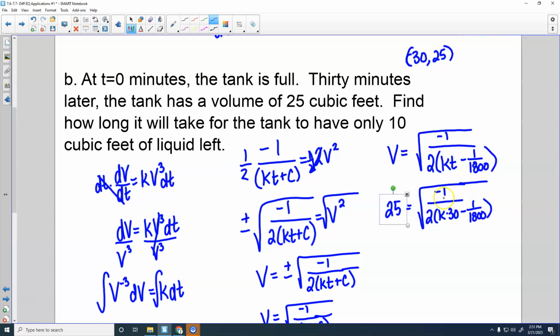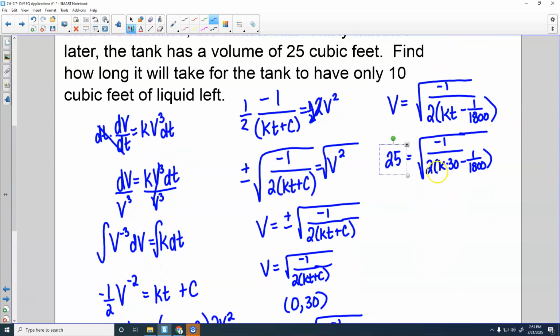This is not pretty, but we can do it. I'm going to do two steps at once. I'm going to simplify the bottom, but I'm also going to go ahead and square both sides because I've got to get rid of that square root. So 25 squared is 625.